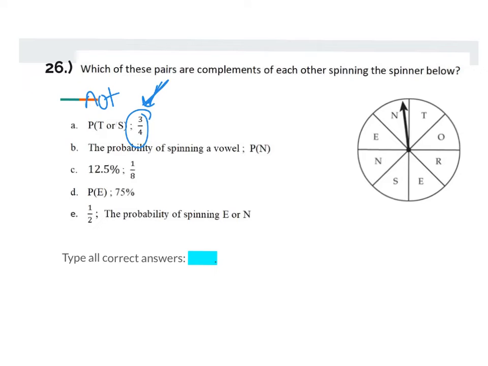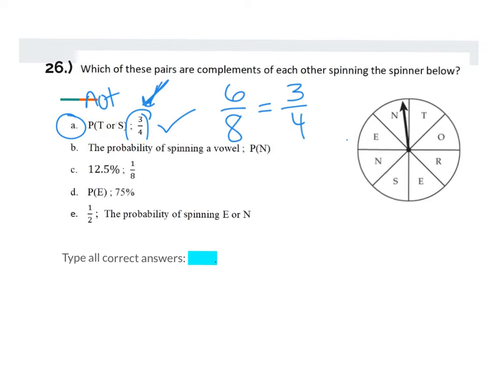So the probability of not a T or S would be getting an N, an E, an N, an E, an R, an O. Okay, so there are 6 favorable outcomes out of 8 possible outcomes, which does simplify to 3/4. So yes, these are complements of each other. The probability of a T or S, its complement would be 3/4.